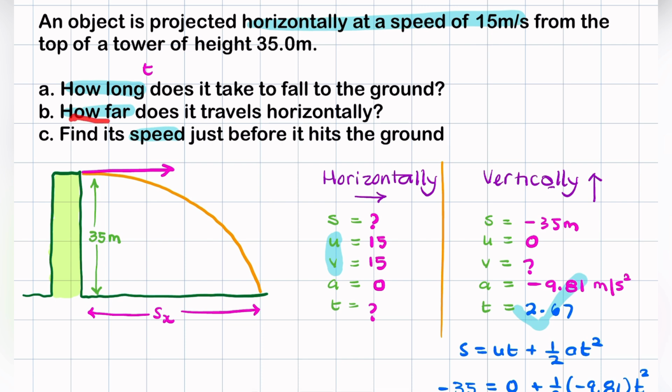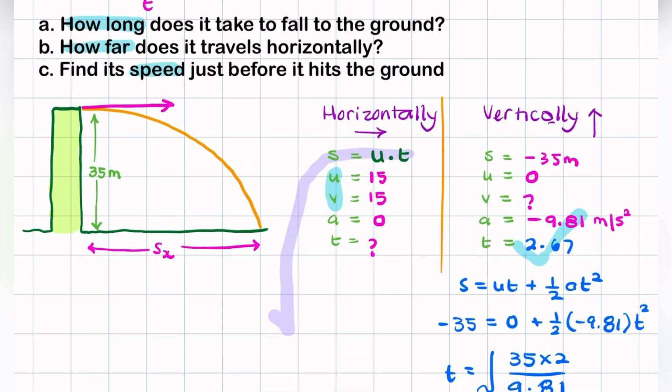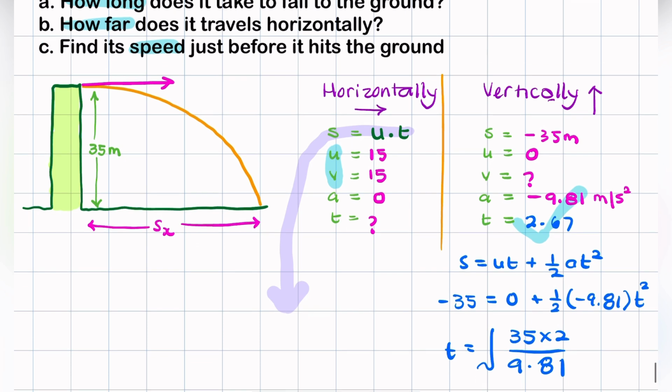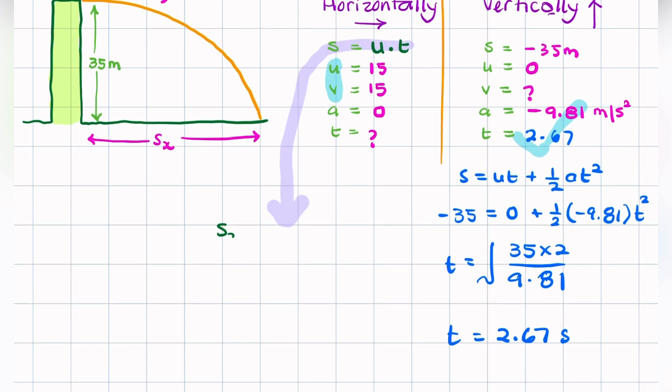Now it's asking to find how far it travels horizontally. They're asking for the distance, sx. Now, because horizontally there is no acceleration, there's just constant speed, because it's subject to Newton's first law, the only equation we can use is displacement equals velocity times time. So we can say S equals ut, and therefore Sx equals 15 times 2.67.